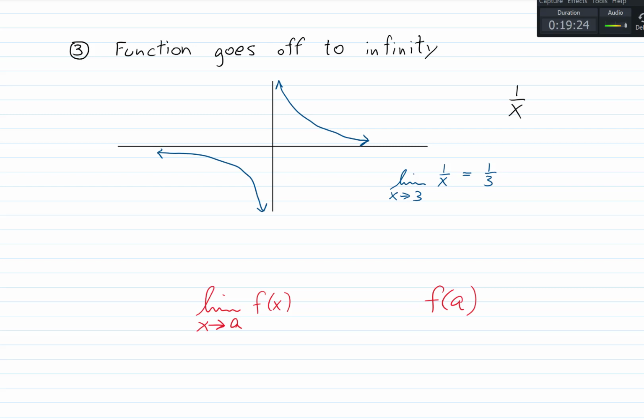Sometimes they come out to equal the same, but they don't mean the same. So here's an example where the limit of 1 over x as x approaches 3 happens to equal 1 over 3. But that's not because when I plug in 3 I get 1 over 3. It's because as x approaches 3, 1 over x approaches 1/3. Alright, so let's get back to that.